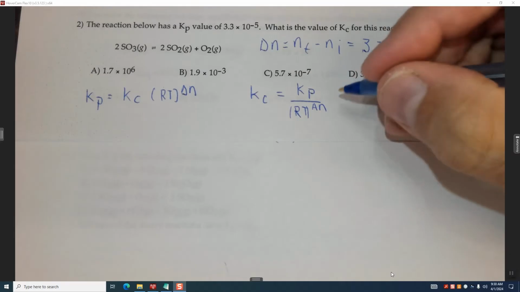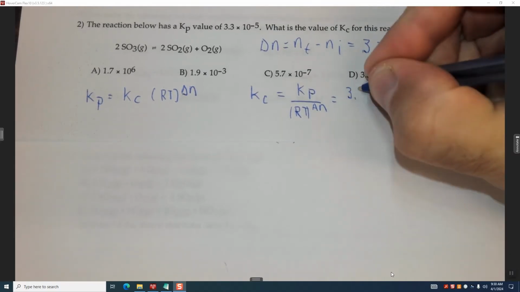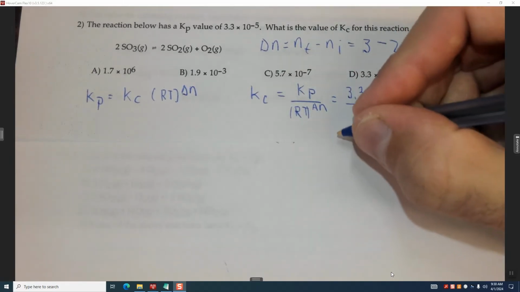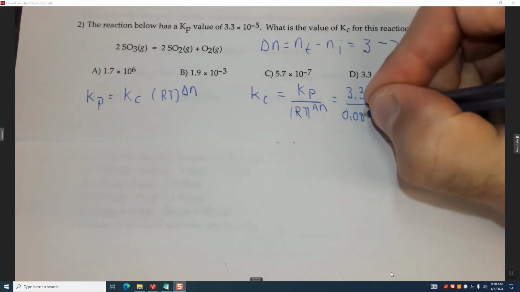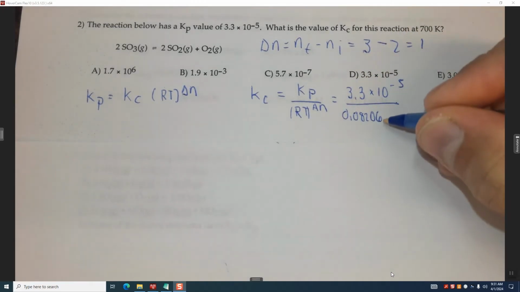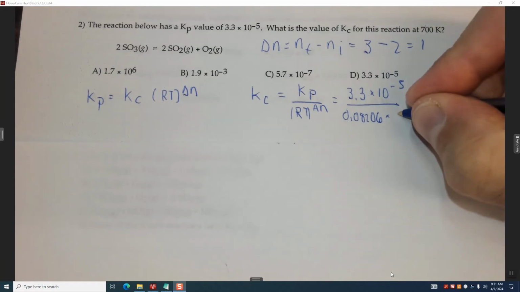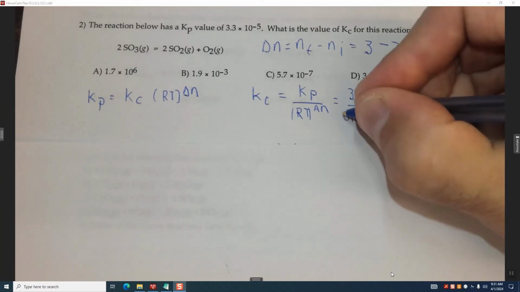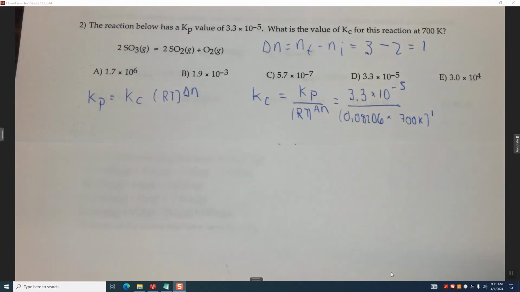Okay, like that. So we already found delta N. That's going to be 1. So what are we going to do? Well, we're going to plug in our Kp, which is 3.3 times 10 to the minus 5. We're going to plug in our R value, which is 0.08206 liter atmospheres per mole K, times our temperature, which is 700 K. I didn't write in the liter atmospheres per mole K. Multiply, and then all to the delta N, which in this case is just 1.